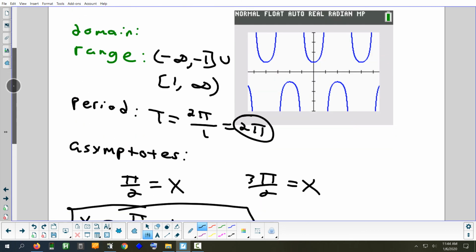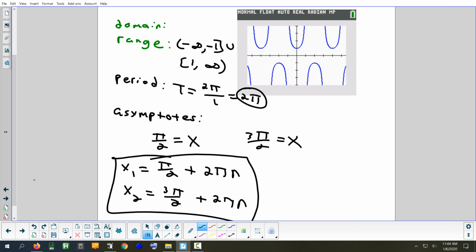And now, your domain. What do you think the domain is? How do you describe the domain in terms of the vertical asymptotes? The domain is what? Looking for something just in general. So let's start like this.